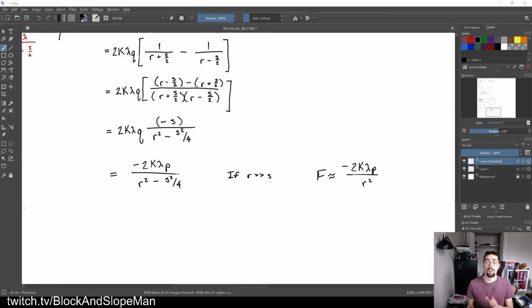And at first, that probably didn't catch your eye, because realistically, lambda is kind of like a charge, and P is kind of like a charge again, and then over R squared, of course, yeah, Coulomb's law. But that's not what we expected to find. If we thought about this a little bit more, neither of these are point charges. One is an infinite line of charge, and the other is two opposite but equal magnitude charges connected together very closely.